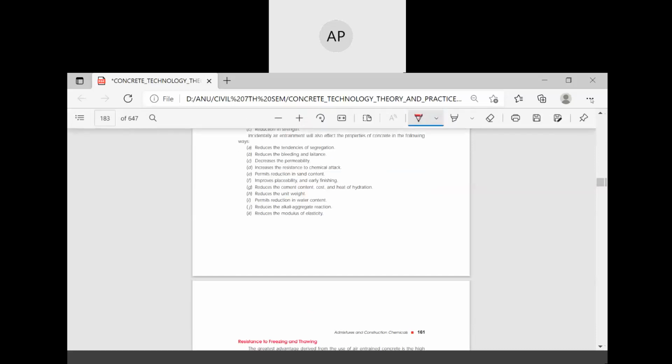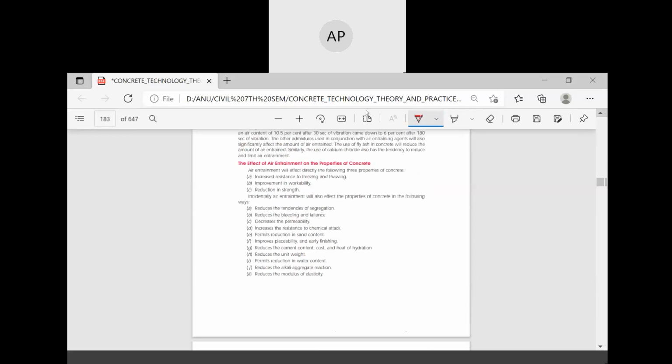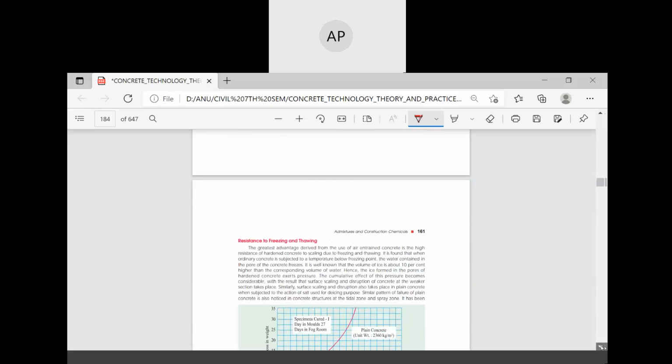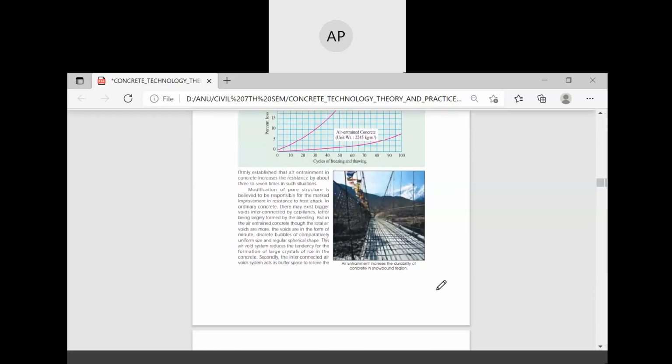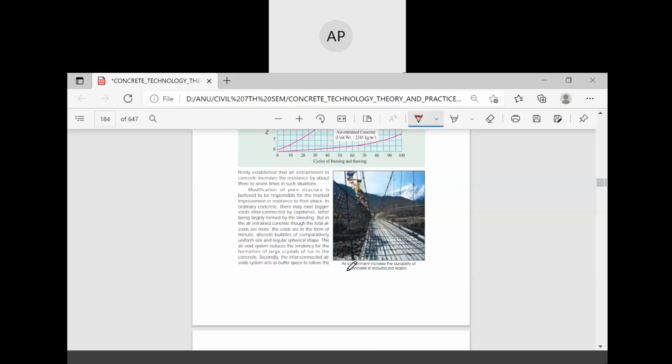Okay, what are the uses of air entraining? Air entrainment will directly affect three properties: increased resistance to freezing and thawing, improvement to workability, and reduction in strength. These things are not required. So here is a figure. Air entrainment increases the durability of concrete in snowbound regions.